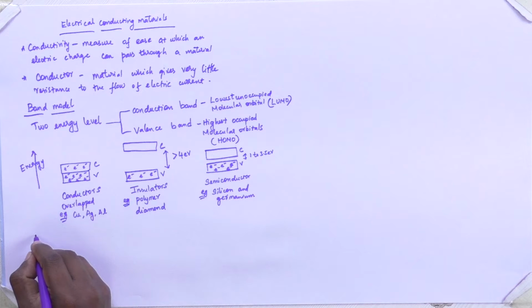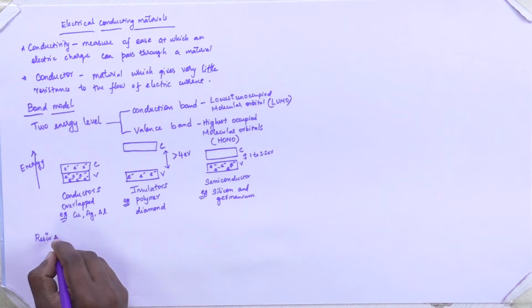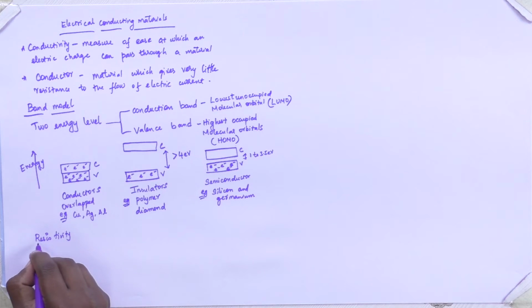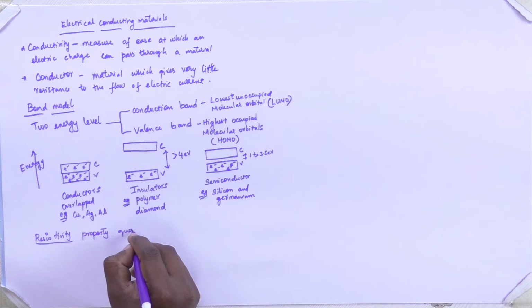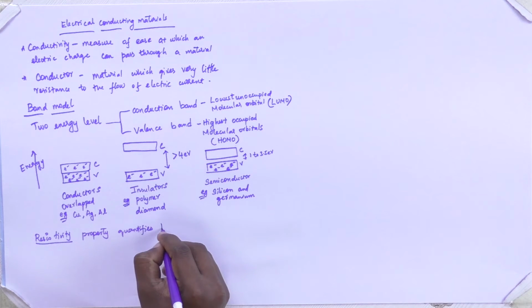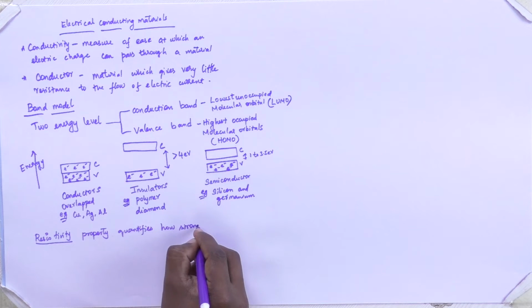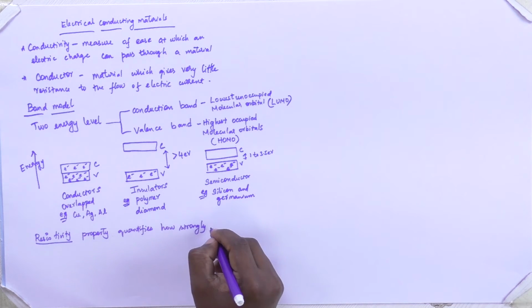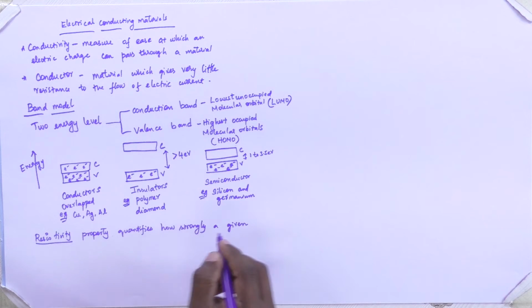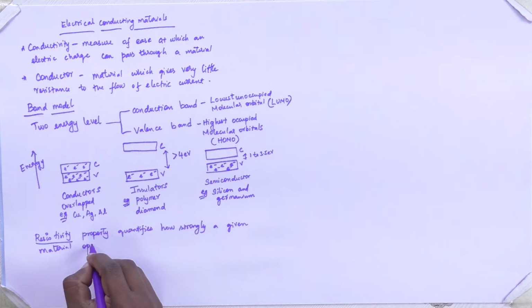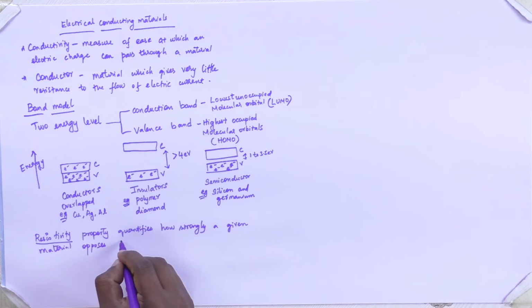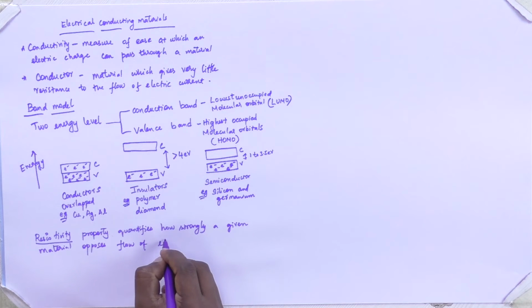Next we discuss resistivity. Resistivity is a property which quantifies how strongly a given material opposes the flow of electric current.